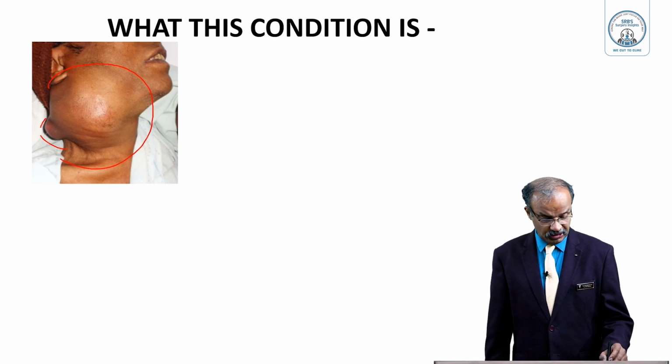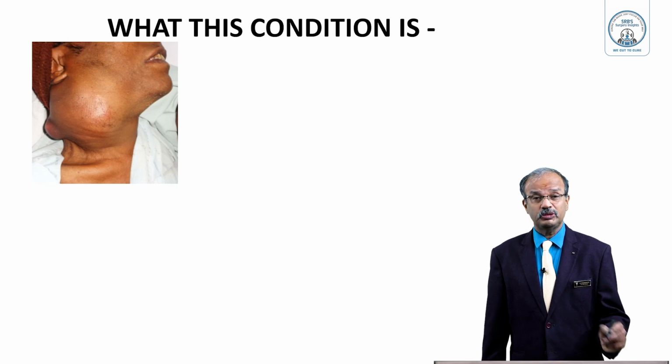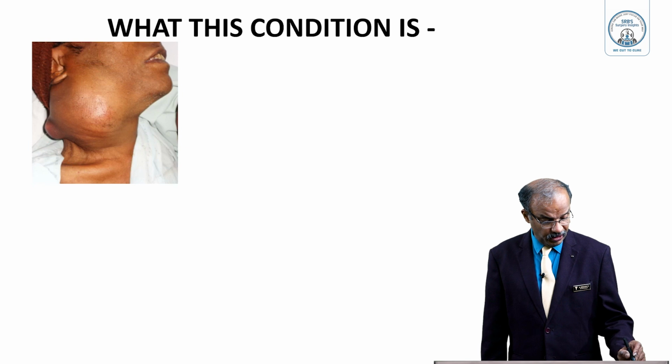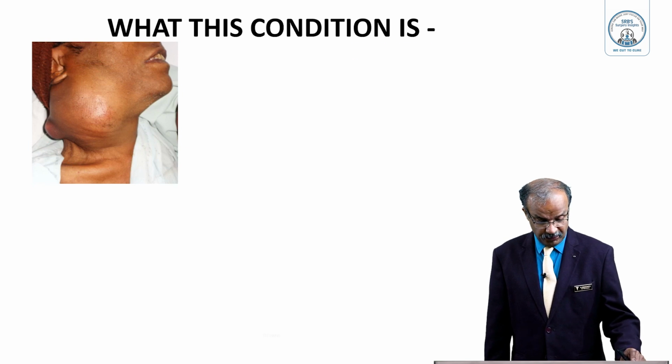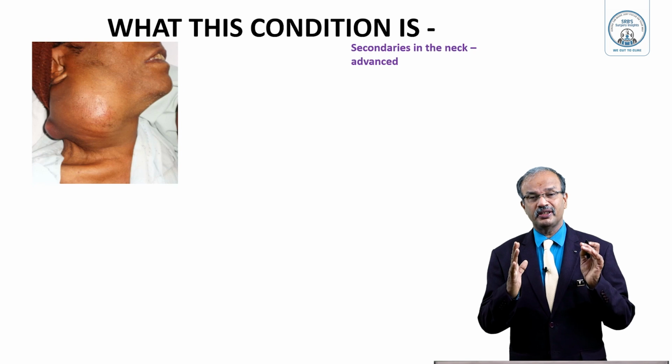So what this swelling is, naturally this must be something related to the malignancy. So what are the possibilities? Just see. So mostly this is secondaries in the neck. So first thing that comes to your mind is secondaries in the neck.